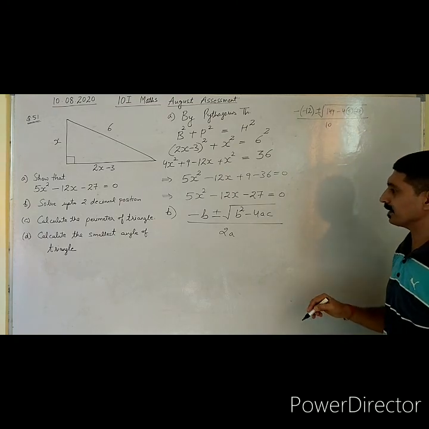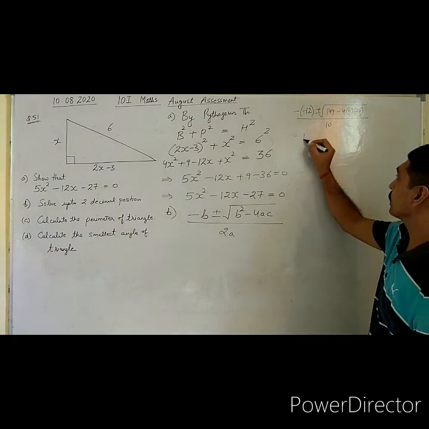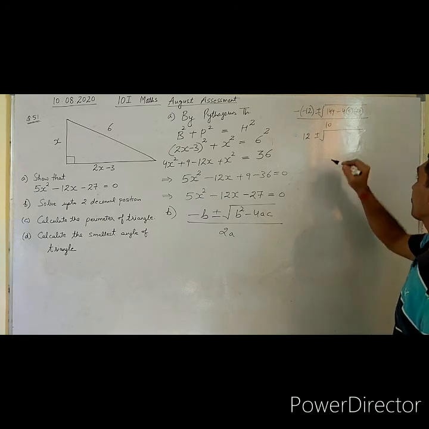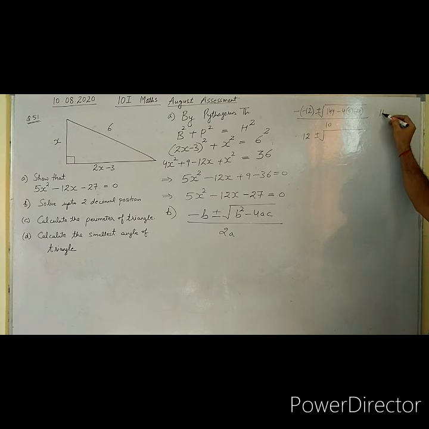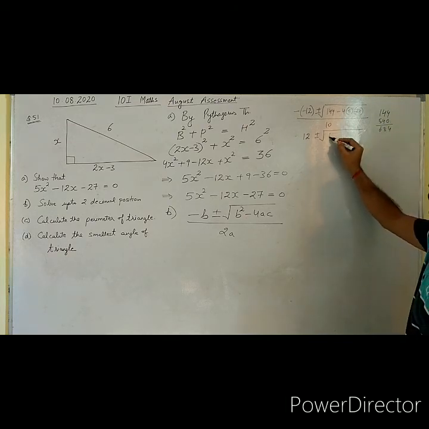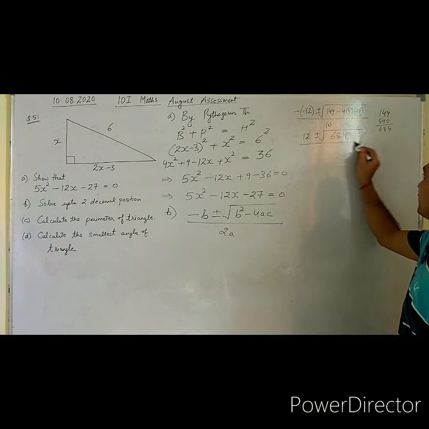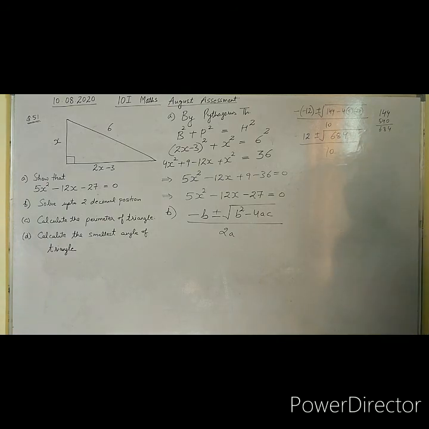So we will get two values. One is 12 plus minus, we will solve here, that is 144, and here that is 20 into 27, that is 540, that is 684, divided by 10, right?